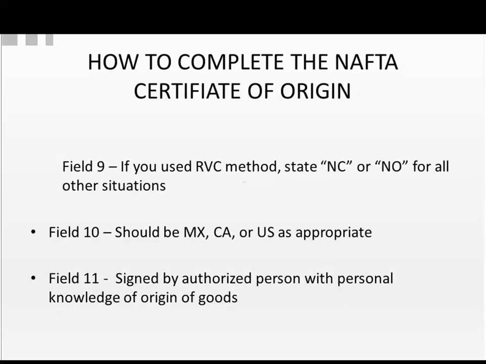Field number 9 says, if you use the RVC method, remember the regional value content method, you state either NC, net cost, or no for all other situations. For example, if you use RVC method, but you use transaction value, the other one, as opposed to net cost, just put a no for all other situations.